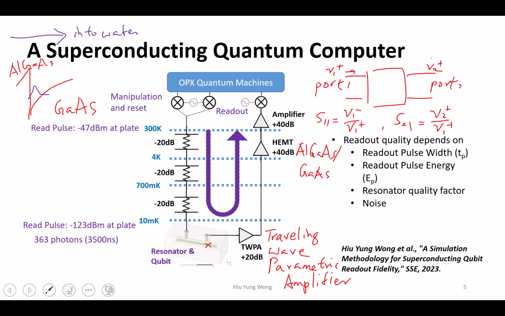Now, there are a few things we need to think about when you try to read something. You send a pulse into it. It is definitely related to the width of the pulse, how long you use it. If the pulse is long, then it means I have a very narrow spectrum, right? Think about an infinite sine wave. Then it only has a delta frequency at that frequency.